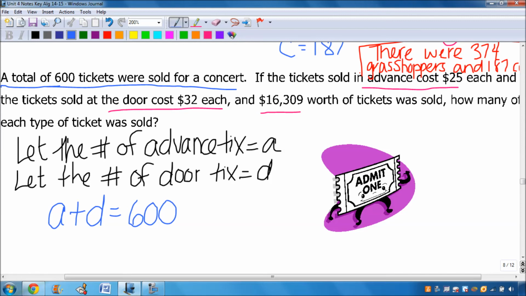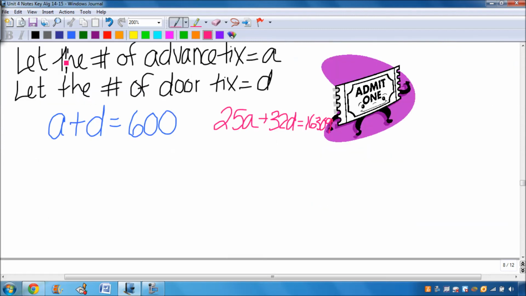So it would be $25 per ticket, right? So that would be 25A plus $32 per door ticket, and that's going to equal 16,309.